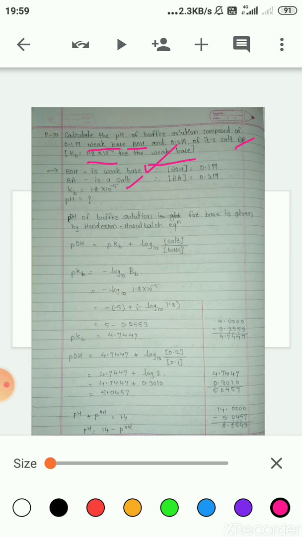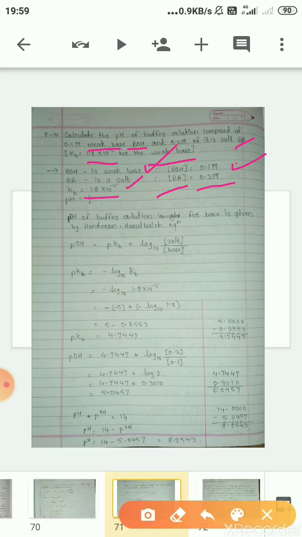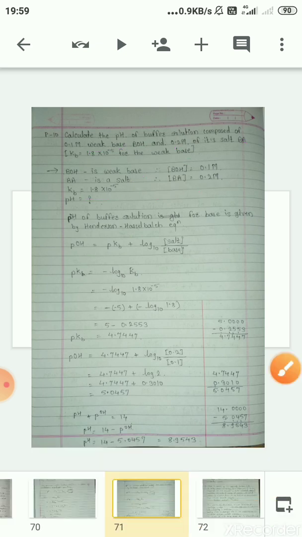So what concentrations have we been given for the weak base and salt? The concentration of weak base, that is concentration of BOH, is equal to 0.1 molar, and the concentration of BA is equal to 0.2 molar, and Kb, that is base dissociation constant, is equal to 1.8 into 10 to power minus 5.